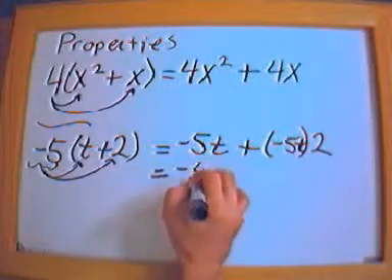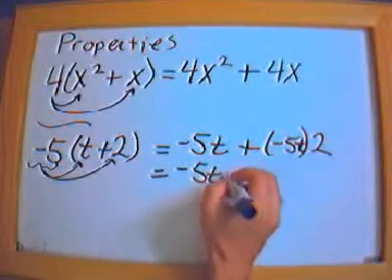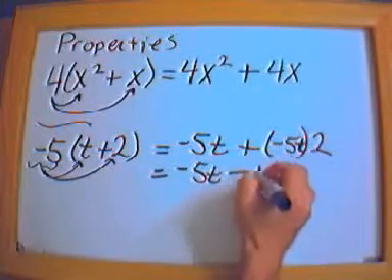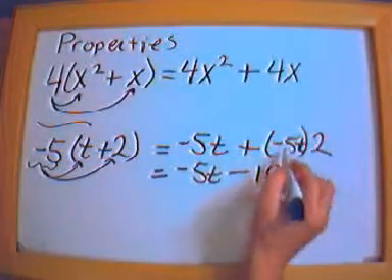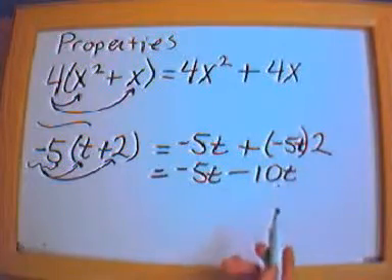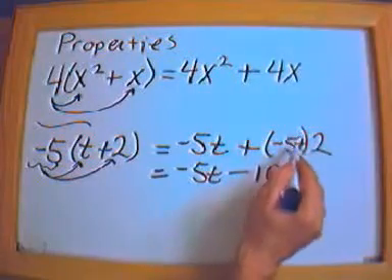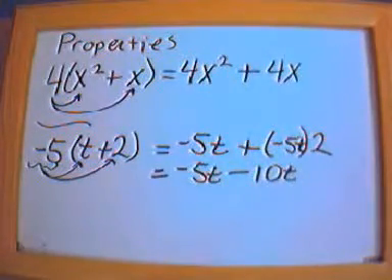This is going to equal minus 5t plus a negative, which just means minus, 2 times 5 is 10, 10t. Now when I have some numbers here, I can go ahead and do the multiplication. That's why I did that. So plus a negative gives me the negative here. 2 times 5 is 10, and I just carry the t down. That is the answer.